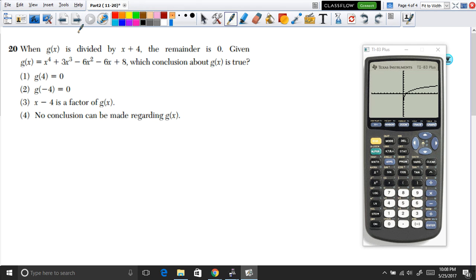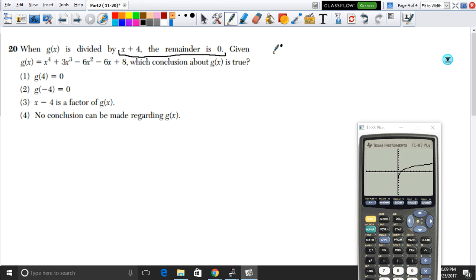Lastly, let's look at example 20 here. It says when g of x is divided by the following, the remainder is 0, and you've been given the following function. Which conclusion about g of x is true? Notice, this is really important: if we divide by x plus 4, the remainder is 0.